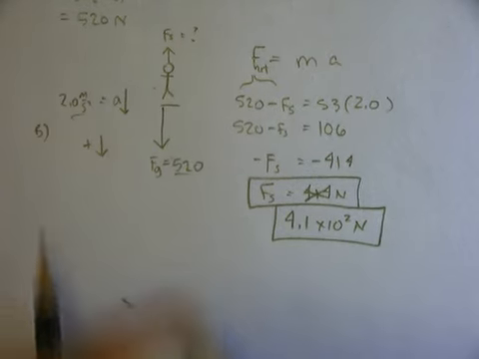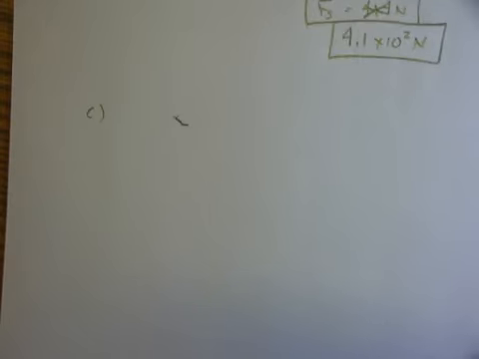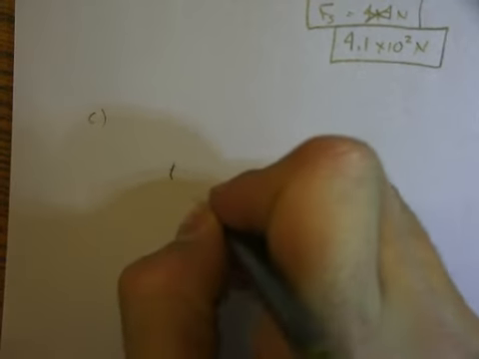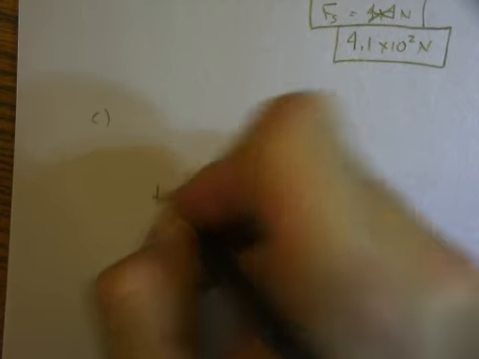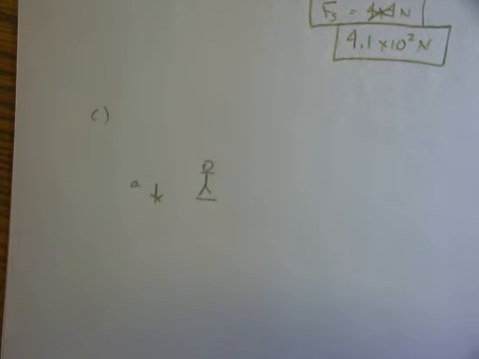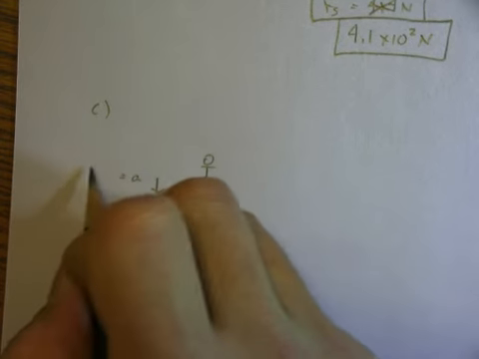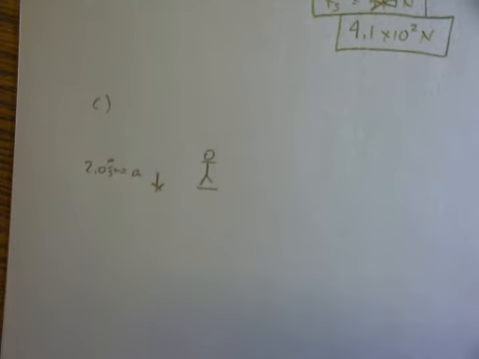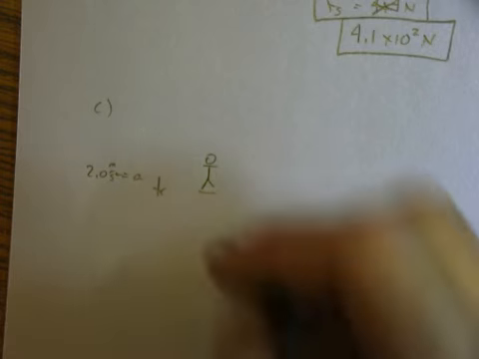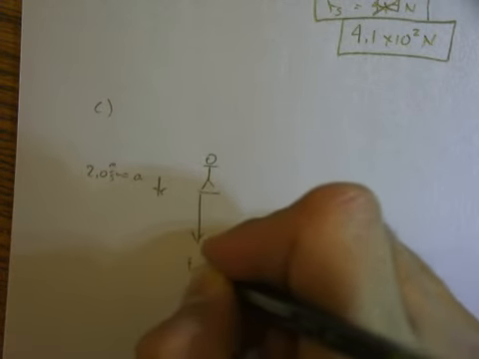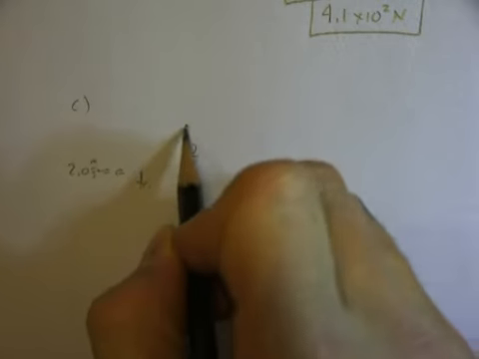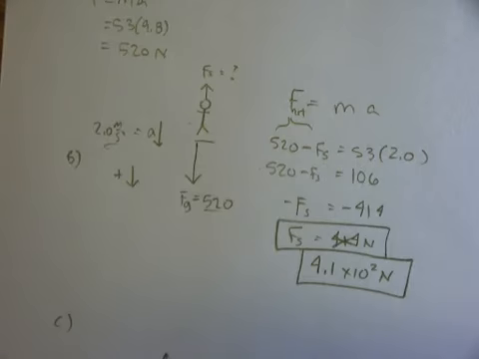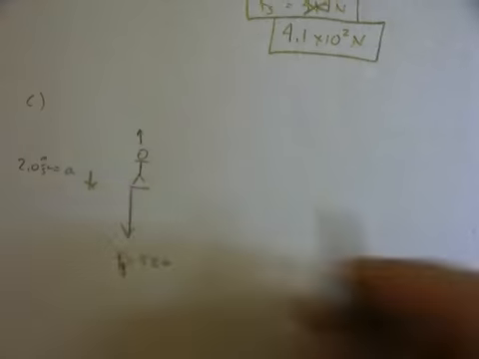Now part C, what do we got? It speeds up while moving downwards. So my guy again, on my scale, is speeding up while moving downwards, so it's accelerating this way again. It's the same 2.0 meters per second squared. He still has the same weight. Force of gravity is equal to 520. So it's shaping up to be the exact same thing, and it is.